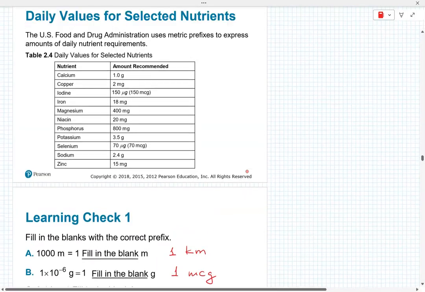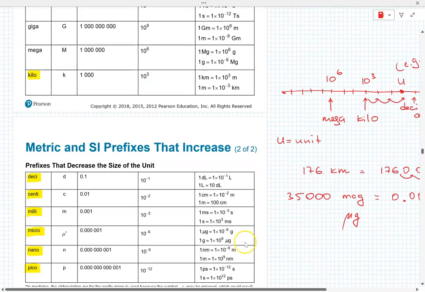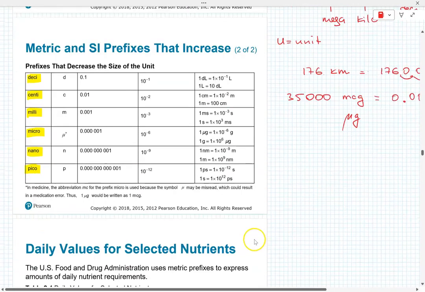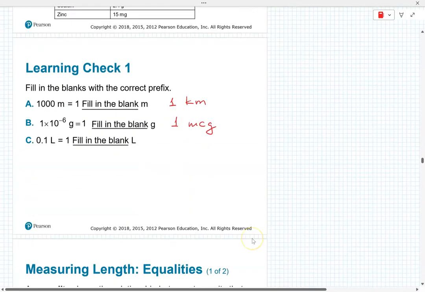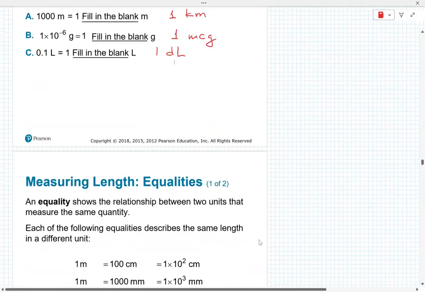And 1/10th of a liter: deciliter, yes. Okay. So let's pause.